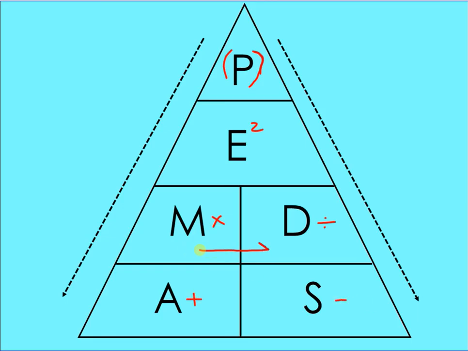And for these, I like to draw an arrow so that I remember I go from left to right, whichever comes first. And there's your little chart. You can write it on top of a quiz or a test. You can write it on top of your notes when you're doing homework. It's a good way to remember the order.